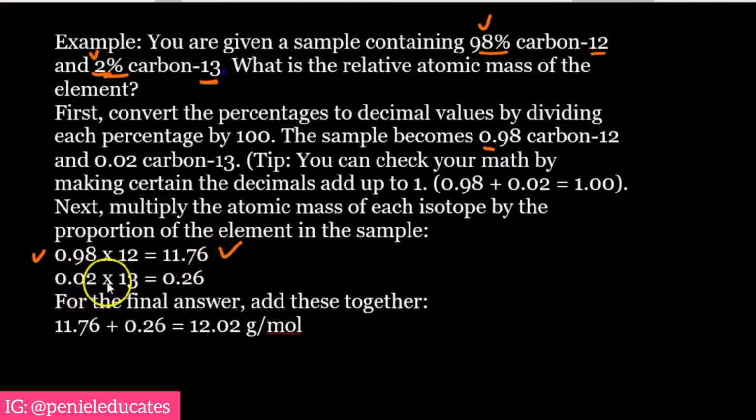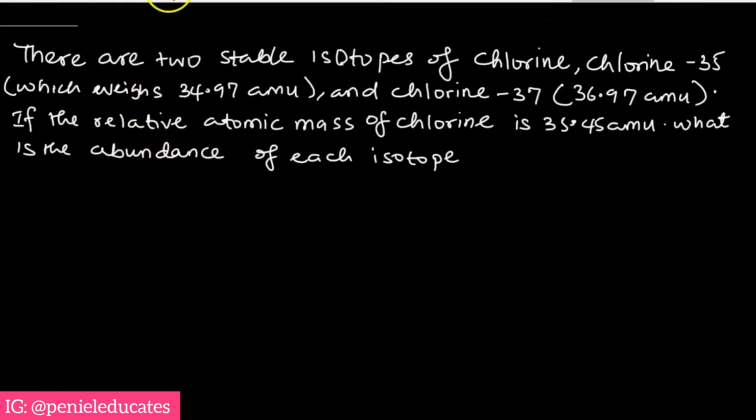Then you have 0.02 multiplied by 13, which is the mass of carbon-13 with its abundance. If you add it together, it's going to give you the weighted average, which is the atomic mass, or the relative atomic mass.